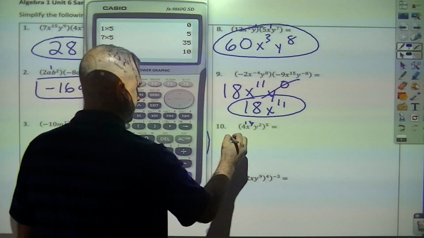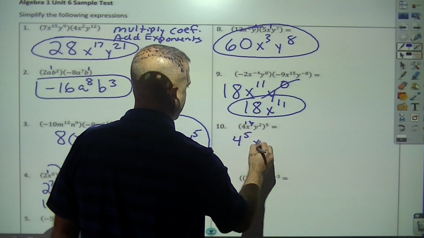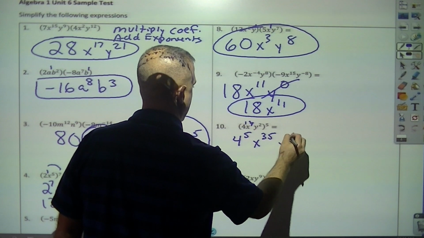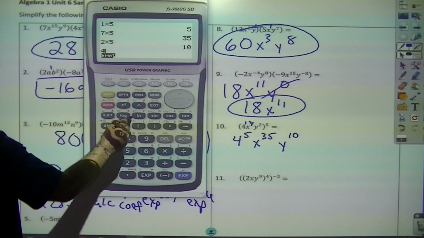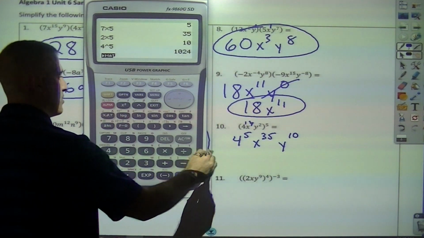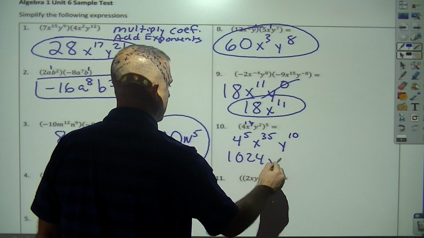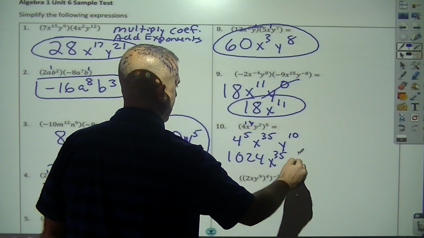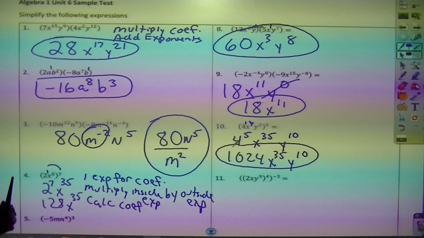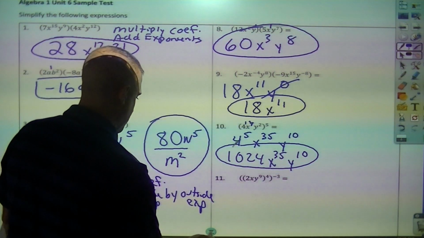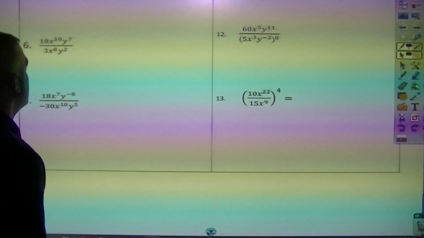So I've got 4 to the 5th, x to the 35th, y to the 10th. Now I have to calculate that. 4^5 is 1024, so 1024 x^35 y^10. That's going to be my answer for this one. I'm going to go ahead and scroll down because that's going to take me a little bit more room to do.